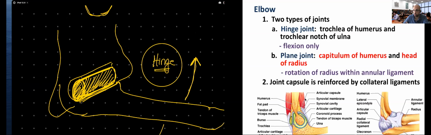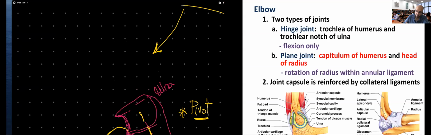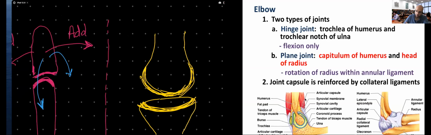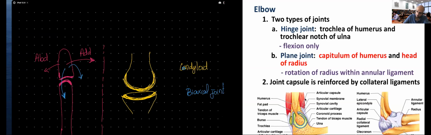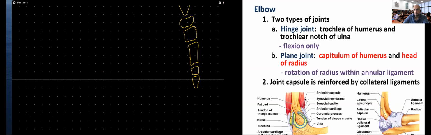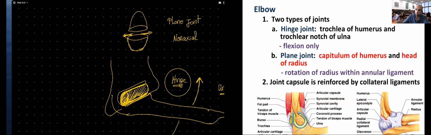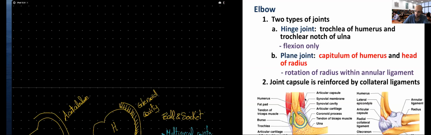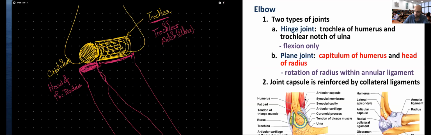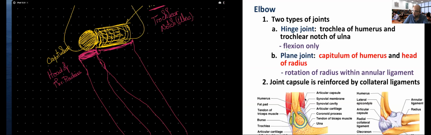A condyloid joint has one convex and one concave surface. But in a hinge joint, I have one cylindrical surface and the other one is concave, surrounding this cylinder. So the articulation here between the trochlea and the trochlear notch is a hinge joint that allows flexion of the elbow, flexion of the forearm.